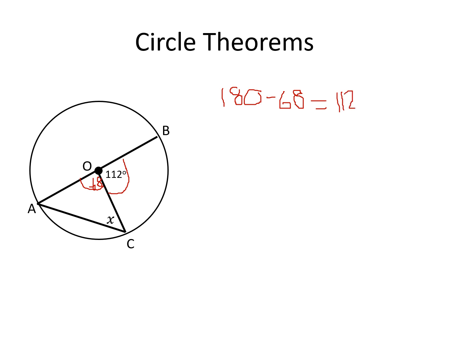So I've got two lots of x, because this must be x as well, because using that theorem from before, these two are the same, they're both radiuses, so 2x equals 112. So one of those is 56. So I know that x is 56 from that.